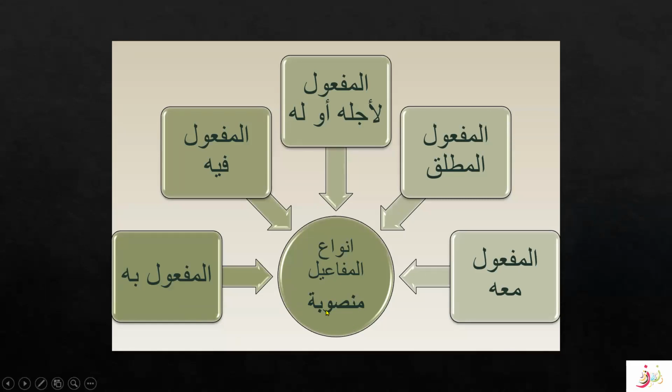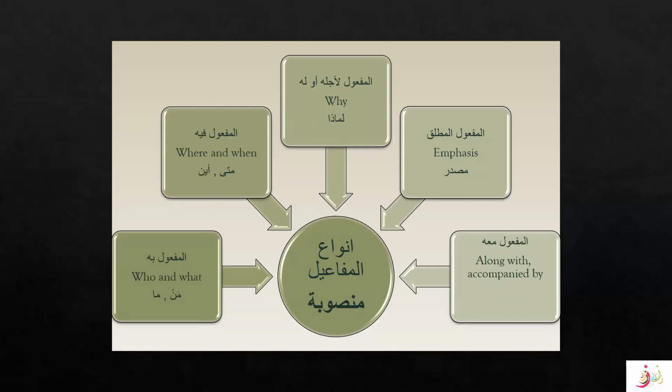They are always in the nasab status. So here five maf'ul are given: maf'ul bihi, al maf'ul fihi, maf'ul li ajlihi, which has two names, li ajlihi or lahu, maf'ul mutlaq and maf'ul ma'hu. We'll see these maf'ul one by one, inshallah.